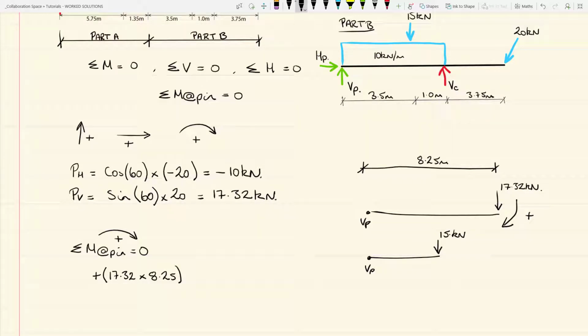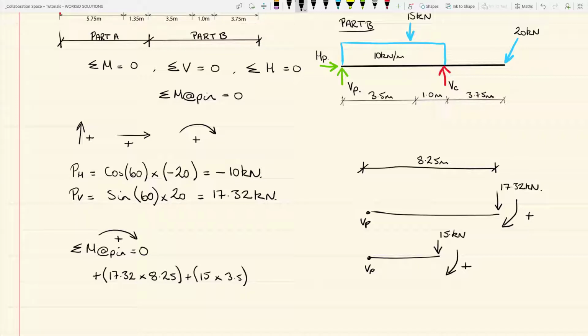And again, it is going to try and rotate the beam in a clockwise direction about the pin. So again, we can say that's positive. So we have plus 15 times its distance, 3.5. And again, that takes care of that particular point load.